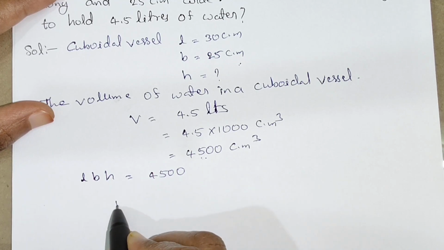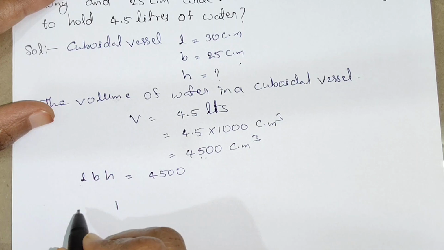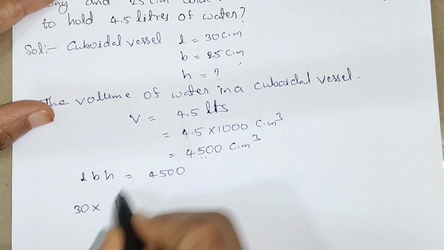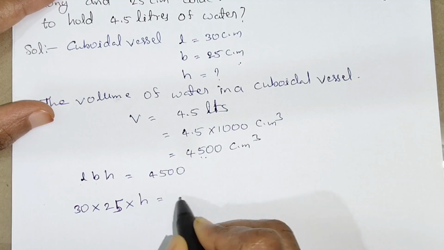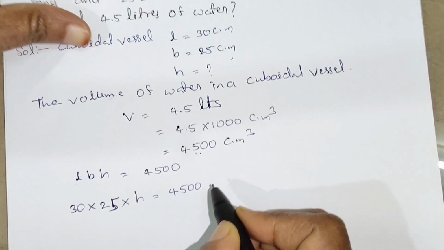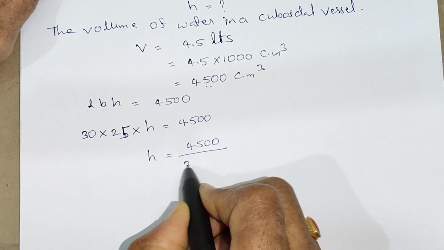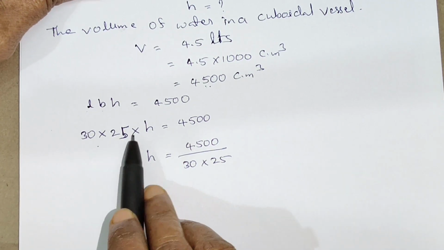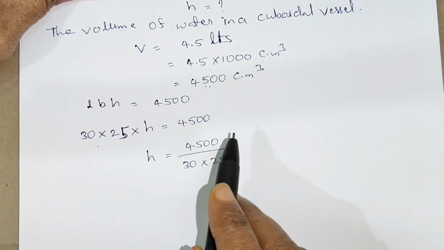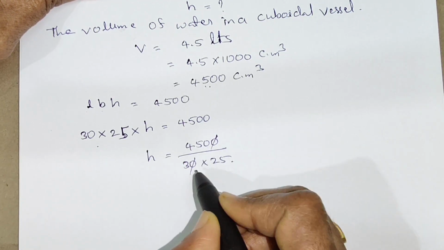Now we find H. We already know the L and B values. Substitute L equal to 30, B equal to 25, and H we don't know, equals 4500. So H is equal to 4500 by 30 into 25. These two numbers carry to the right-hand side, where they divide. First, the zeros get cancelled.